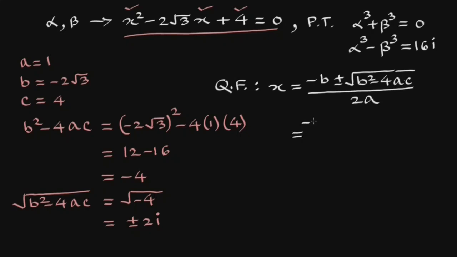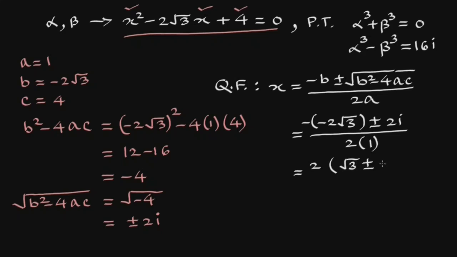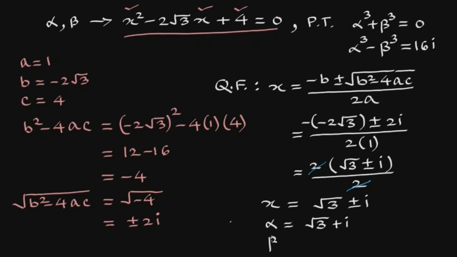That will be (2√3 ± 2i) / (2·1), that will be 2(√3 ± i) / 2. This 2 cancels and we get the roots √3 ± i, that is α = √3 + i and β = √3 − i.